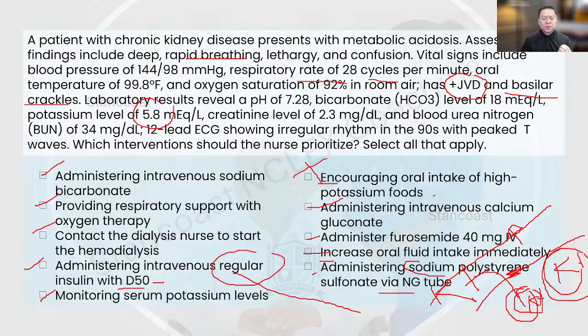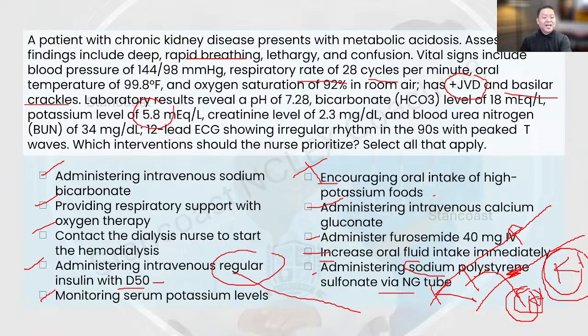Now, also consider following the ABCs, the airway, breathing, and circulation, because first and foremost, that would be your focus in answering those questions. Make sure that we are maintaining a patent airway, breathing, and circulation. And so at this point, our goal here is to support the patient with oxygen therapy, which is very crucial.